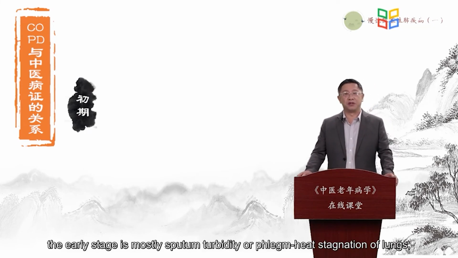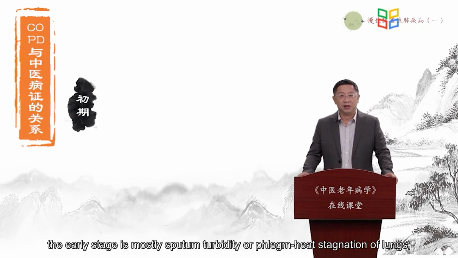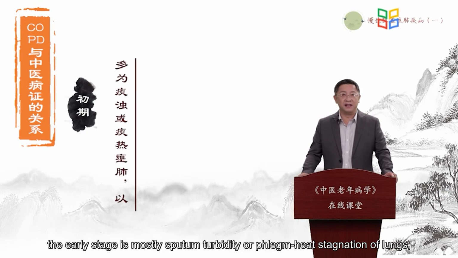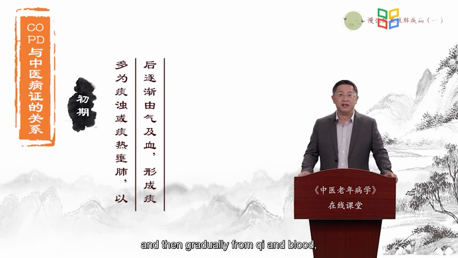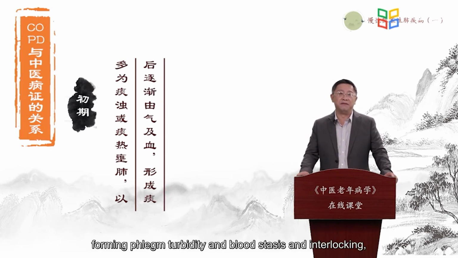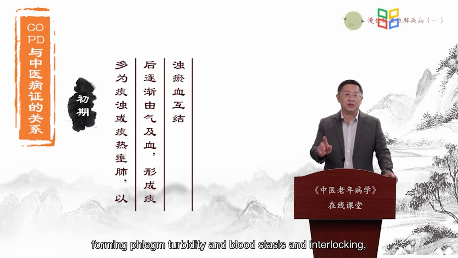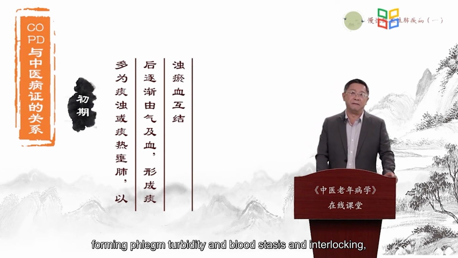The early stage is mostly phlegm turbidity, or phlegm heat stagnating in the lungs, and then gradually involves qi and blood, forming phlegm turbidity and blood stasis interlocking.